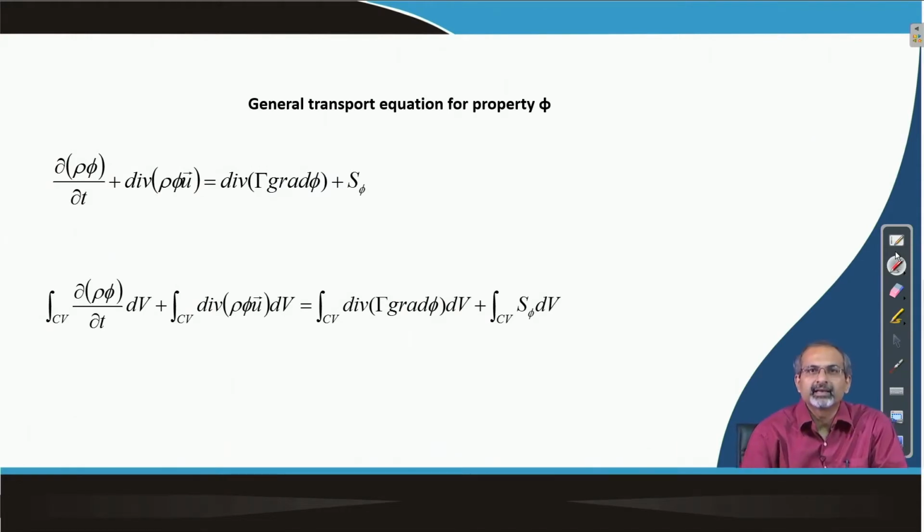Now, we will take an example problem from this general transport equation and try to understand the finite volume implementation on that problem.